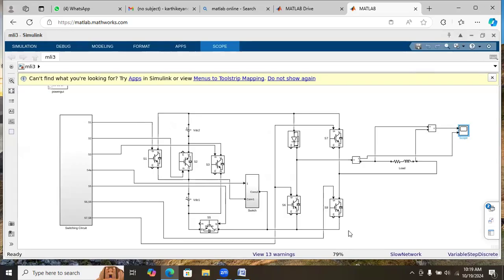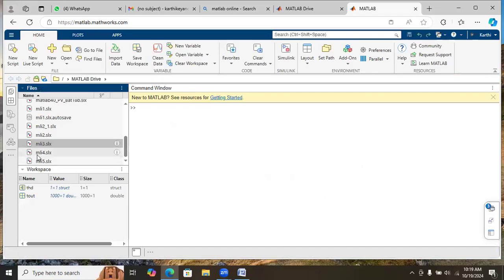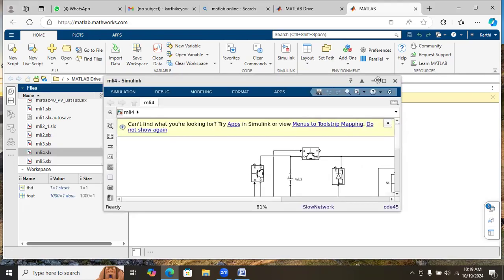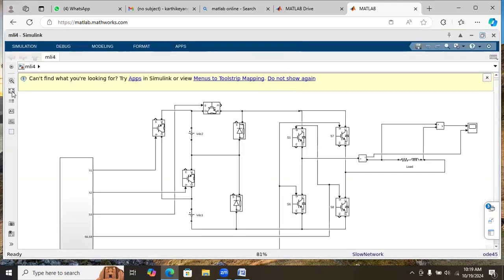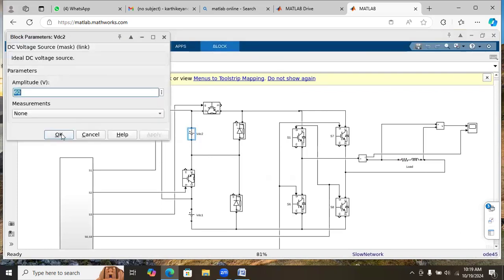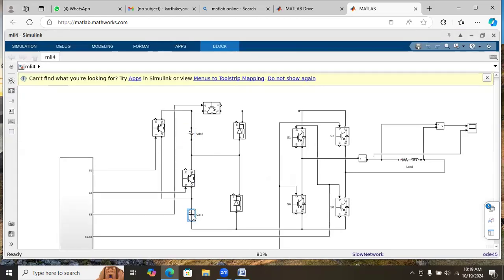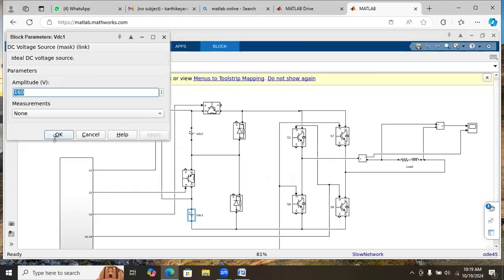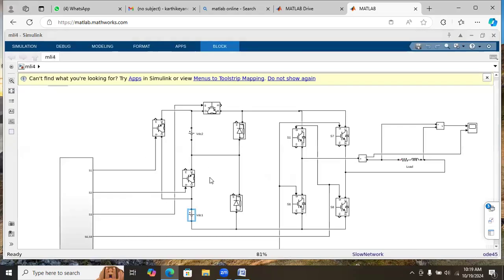by changing the voltage ratio. Here instead of 1:3, if you see, 60, 180, that is, it is reversed, 3:1. The voltage ratio is 3:1.